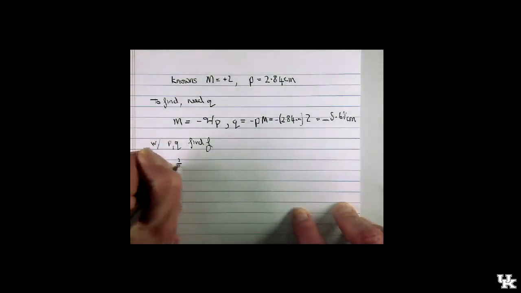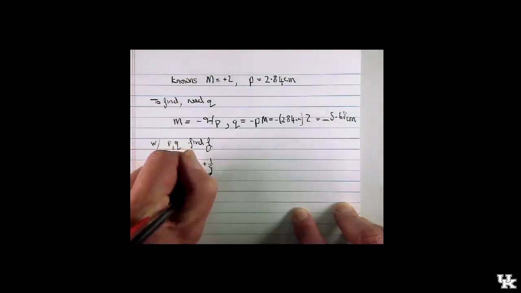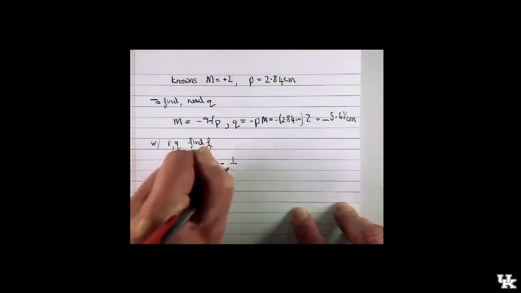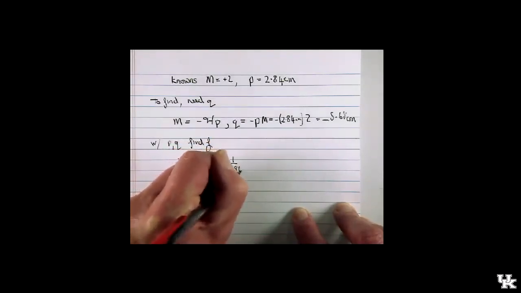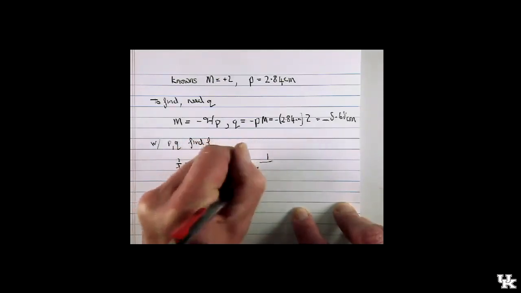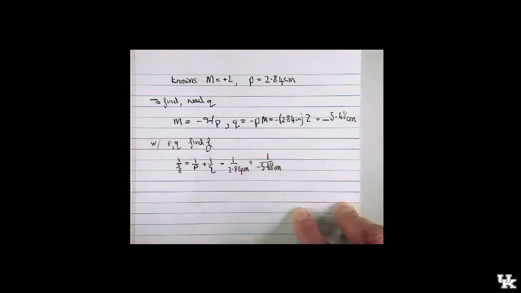So 1 over F, the inverse of F, equals the sum of 1 over P and 1 over Q, the sum of those inverses, of those distances. If I fill in the numbers, I got 1 over 2.84 centimeters plus 1 over minus 5.68 centimeters.